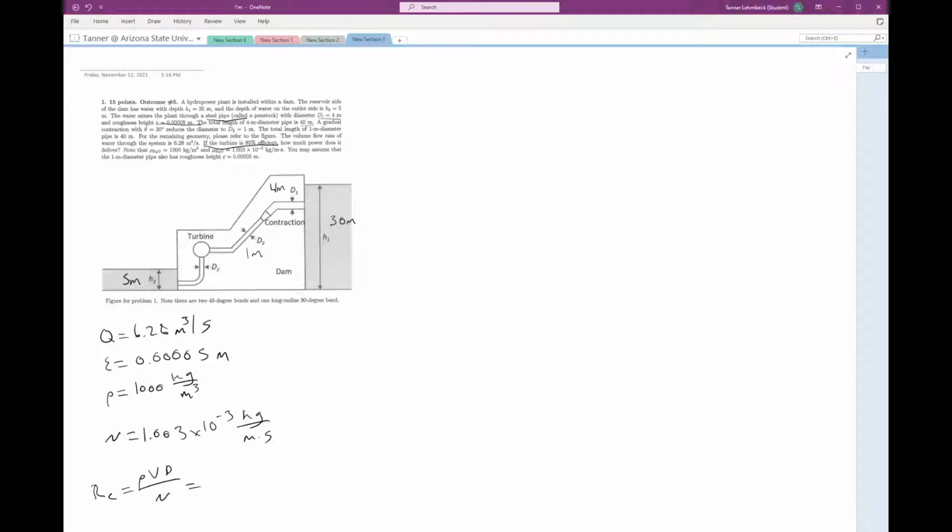Note here as well that I'm going to have two different Reynolds numbers because I have two different diameters and two different velocities. So through this first section, we'll call this Re1, equals rho V1 D1 over mu. And then I'll also have a second Reynolds number, Re2 equals rho V2 D2 over mu.